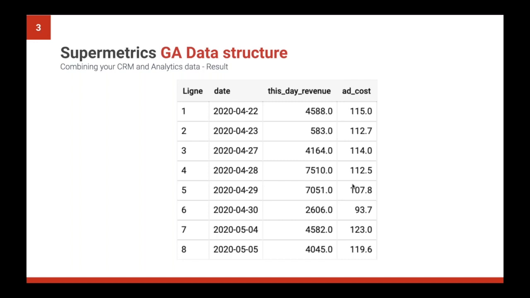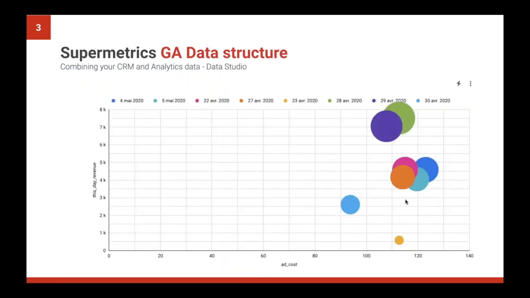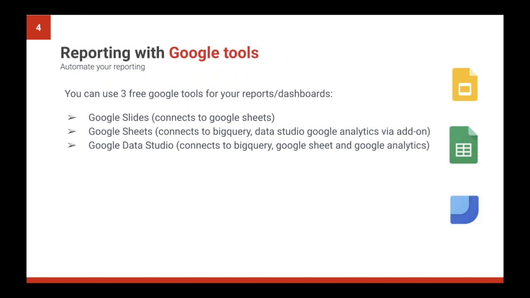If we compare the revenue with the ad cost, we can realize that even if we spend the same amount, it doesn't really impact our revenue day to day. This is just a quick, simple example.